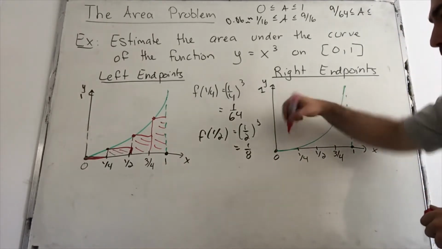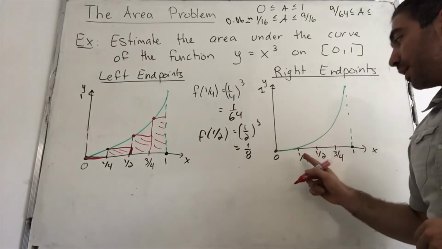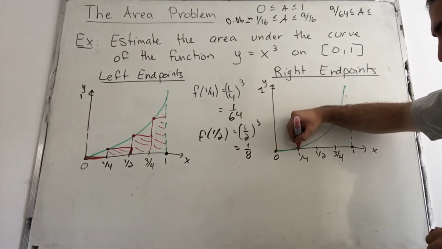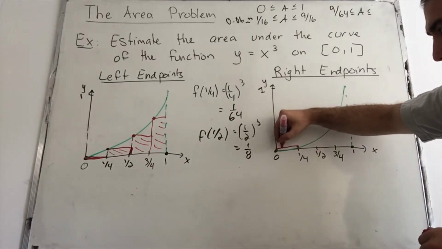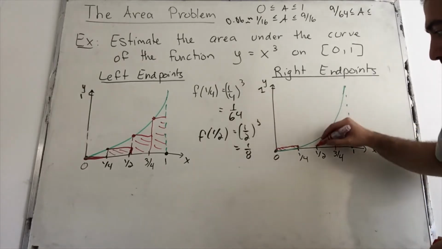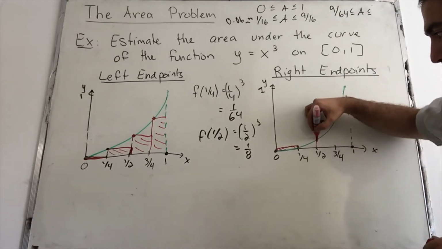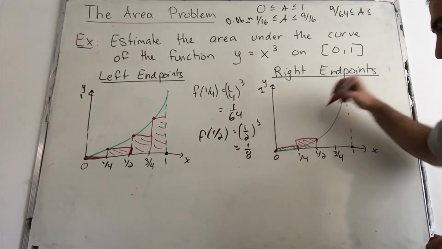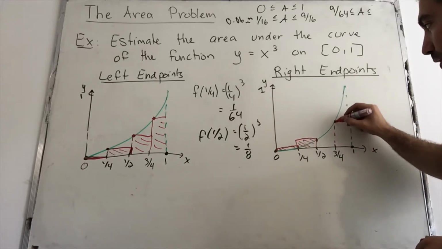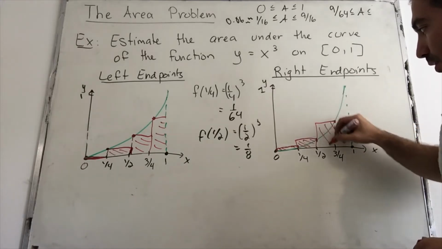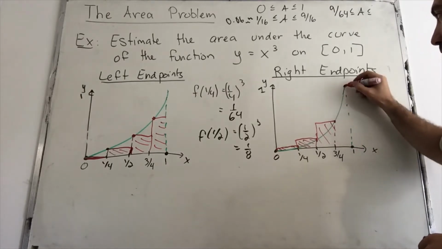We have a quarter. Now since we're doing the right end points, it's gonna hit the function. So we hit over here on the green, it's slightly lifted. It's very thin. Here now the half, the rectangle is gonna hit the function, something like this. At 3/4, around here, that's gonna hit the function, and then at 1, it's gonna hit up here.